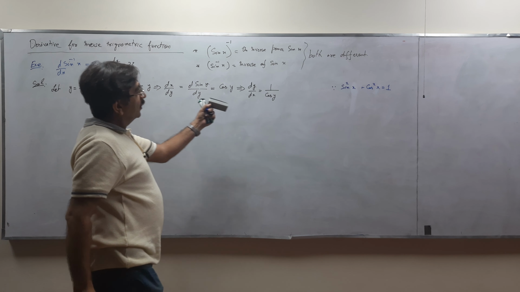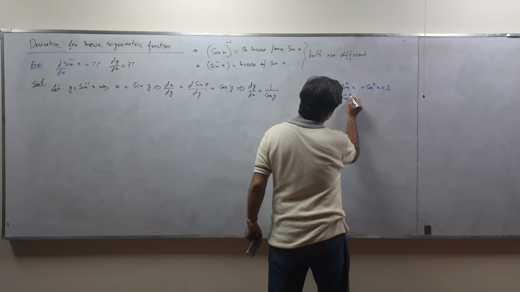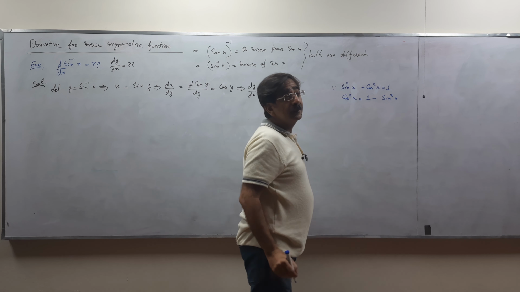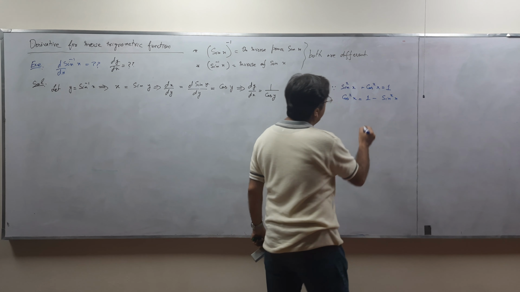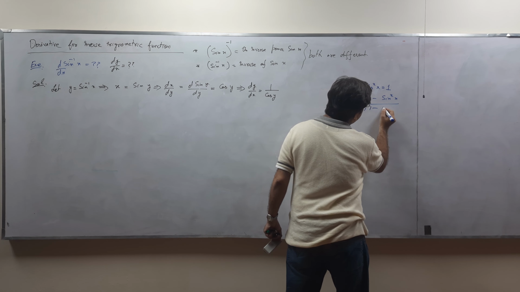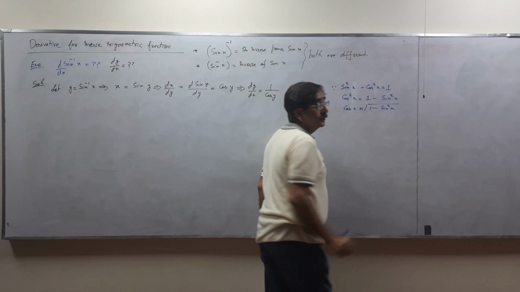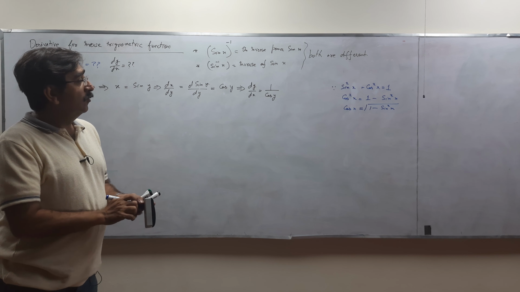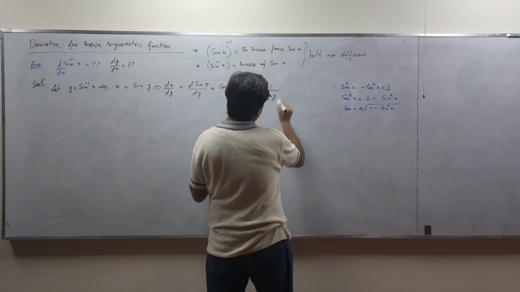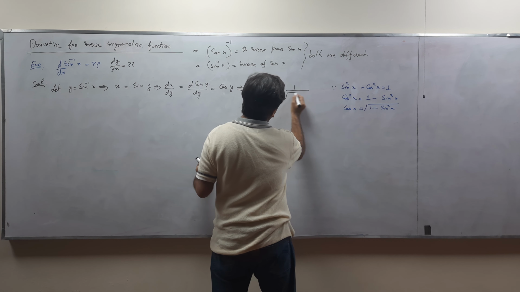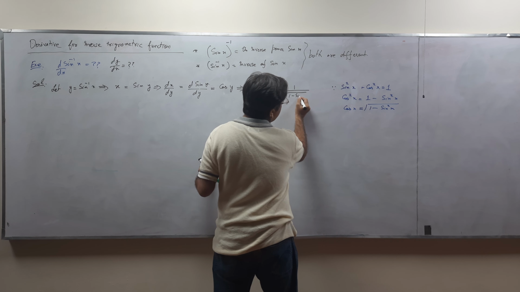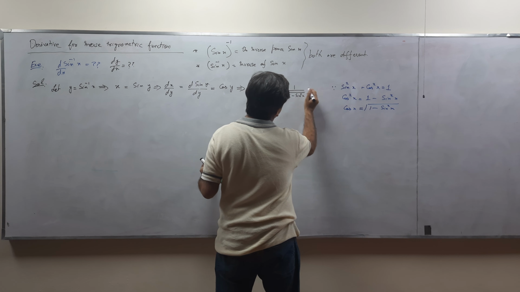So cos square x will be 1 minus sin square x, and cos x will be the square root of 1 minus sin square x.